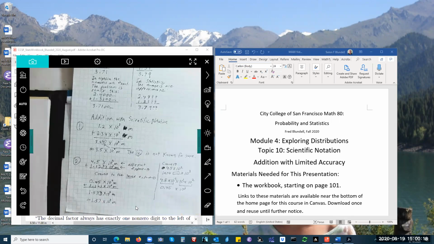And then I just complete the problem there. And at that point I can see that the 3 on the end, after I've added, I at first get 1.573, but I know that the 3 is uncertain. And so when I get around to reporting a final answer, I wouldn't know what's in the thousandths place. And so I would report 1.57 times 10 to the third meters.